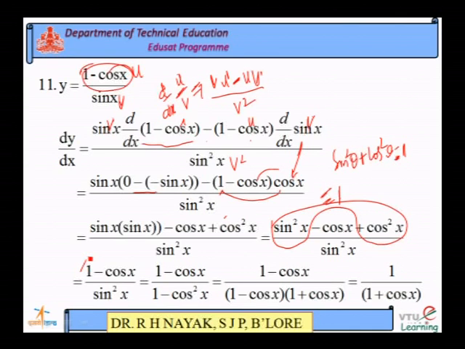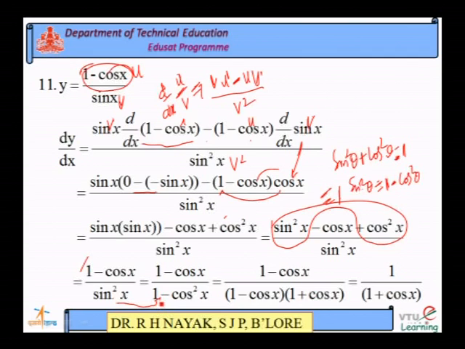So, sin square in terms of identity, we can take sin square theta as 1 minus cos square theta. According to that, I have written sin square as 1 minus cos square x.